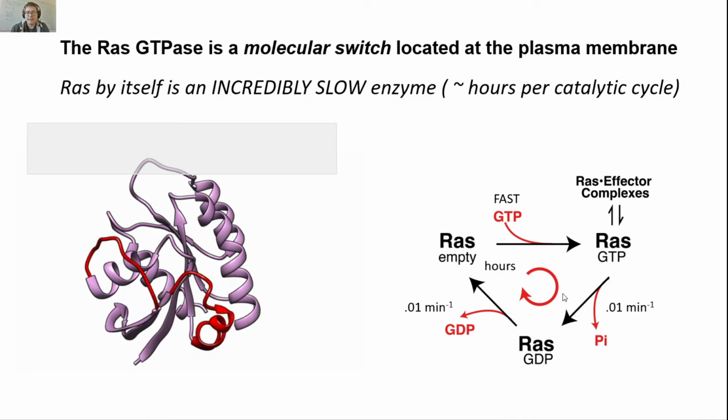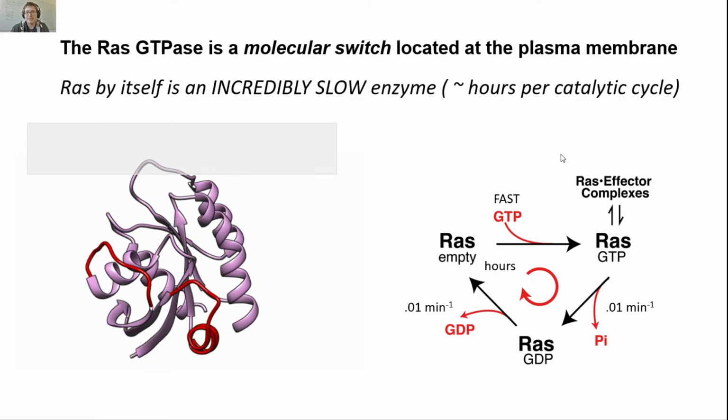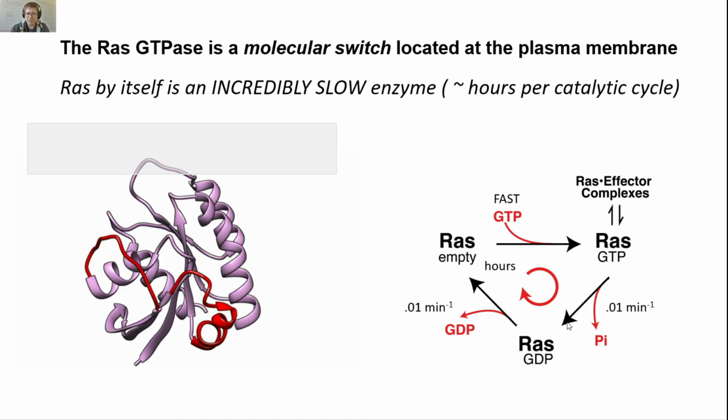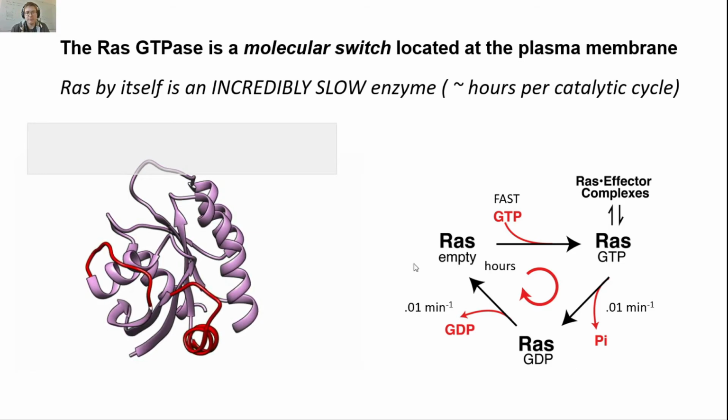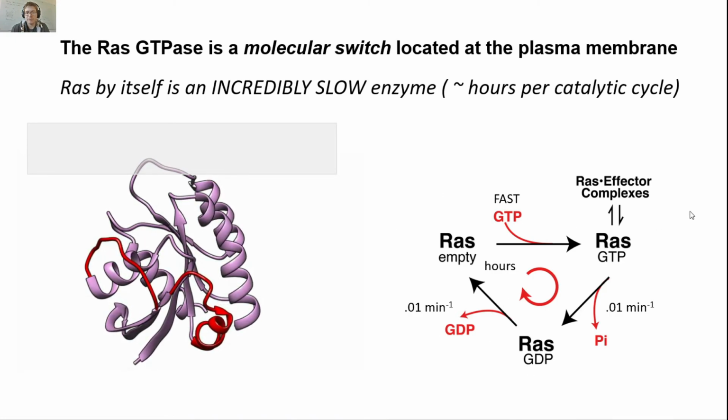That is, it might take a Ras molecule multiple hours to complete a single round of this catalytic cycle. So while the binding of GTP is fast, it takes a very long time for the molecule to hydrolyze GTP to GDP, and it takes a very long time for the molecule to exchange GDP, emptying out its active site to be able to bind a new molecule of GTP.